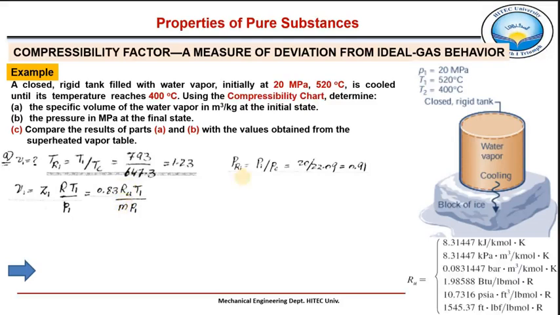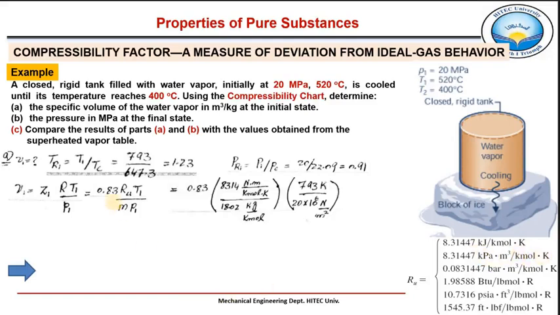The molar mass of water is 18.02 kilograms per kilomole. So we have replaced R with RU divided by M. The universal gas constant is a value you should remember, and that is 8.314 when pressure is in kilopascals, volume in cubic meters, and amount in kilomoles and Kelvin.